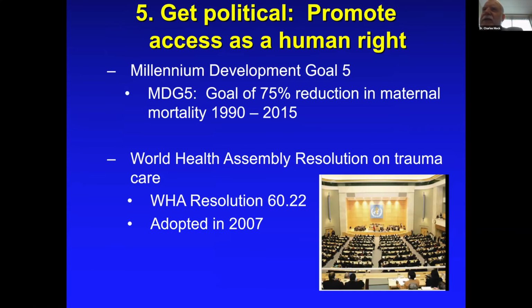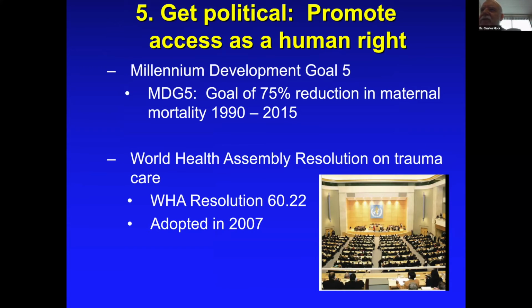And we think we've done a reasonable job getting political on this. I mentioned before the Millennium Development Goal. We don't have one of them, or the newer version, Sustainable Development Goals. We don't have one for trauma yet, but we do have a few World Health Assembly resolutions. The World Health Assembly is the governing board of the World Health Organization.